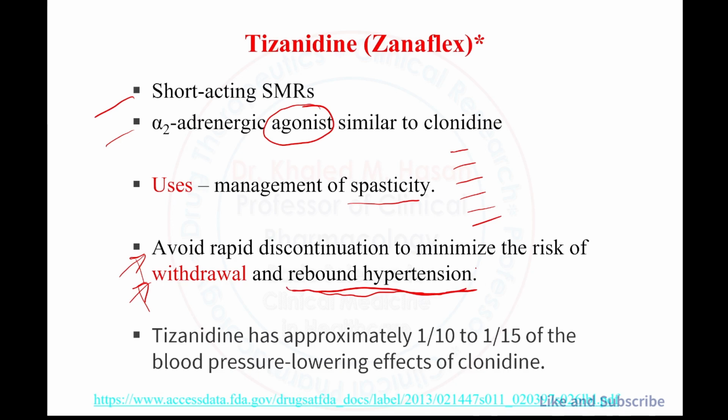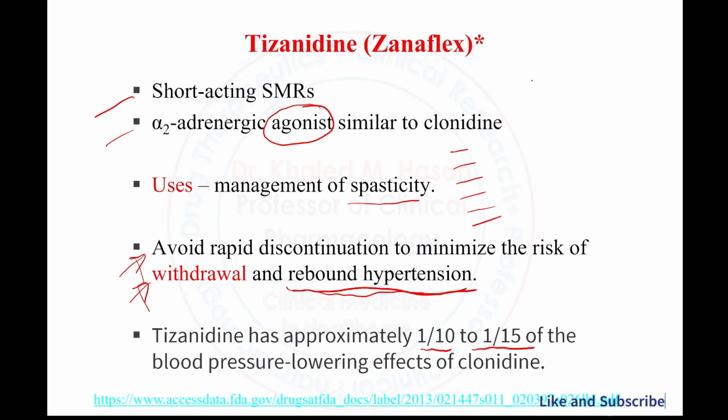Okay, Tizanidine, because we already discussed, we have Tizanidine and then we have clonidine. They said Tizanidine has approximately 1/10 to 1/15 of the blood pressure lowering effect of clonidine.